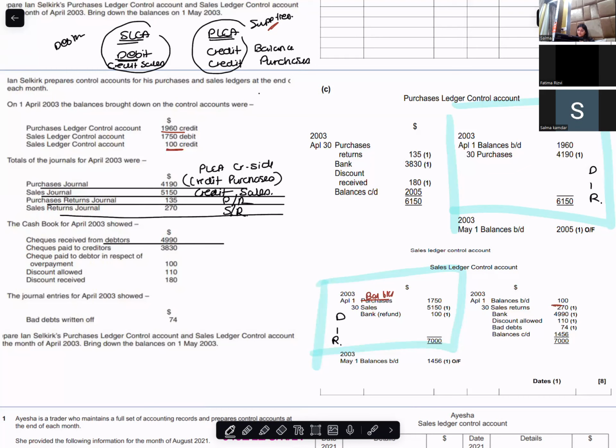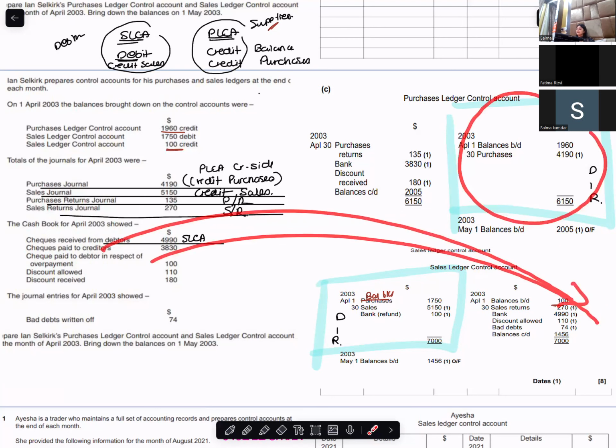Check received from debtors, SLCA. Which side? Debit side. See, debit side will have only opening balance, credit sales, dishonor interest refund. Nothing else. The credit side, everything else opposite side.